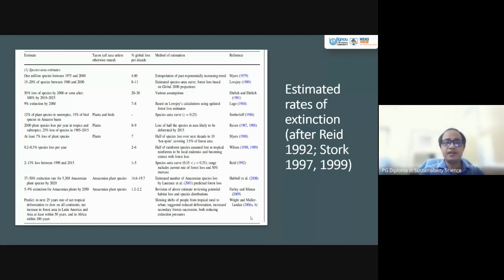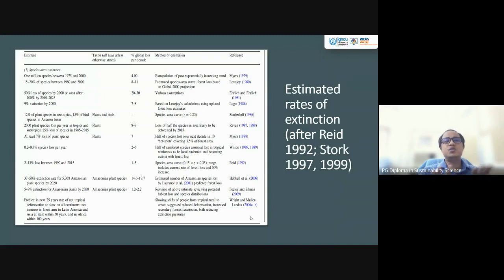In this table, only 25 years from 1975 to 2000, when they used the species-area estimation method, they found that the percentage of global loss per decade is 4%, right? So the trend is exponentially increasing, when they studied for 25 years.